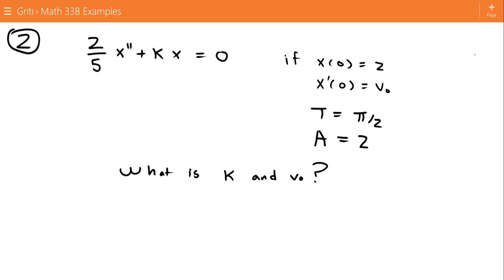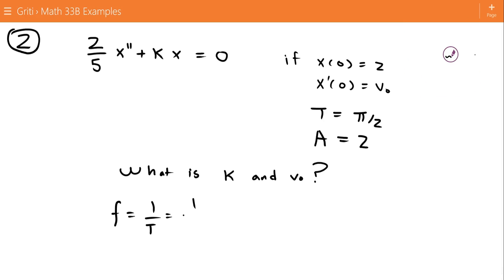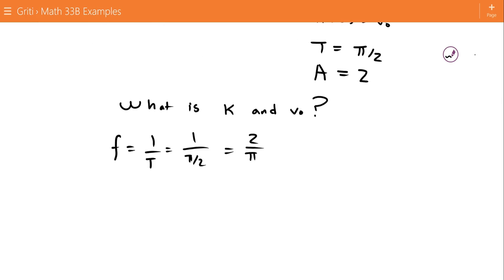So to find out what k is, first we can find out what the frequency of the system is. The frequency is equal to 1 over the period, so 1 over T. That's going to be 1 over pi divided by 2, which is 2 over pi. 2 pi times the frequency is equal to the angular frequency, in this case omega naught.